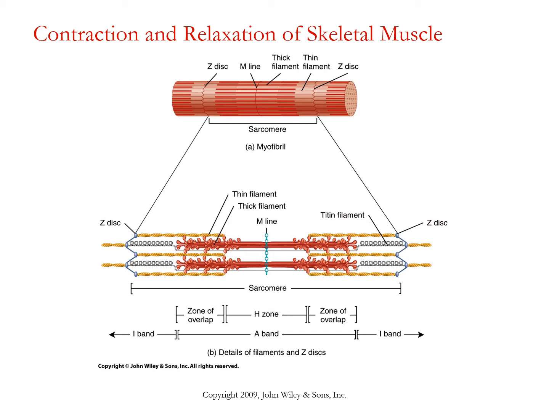This arrangement of overlap between thick and thin filaments is also responsible for the generation of force and the shortening of muscles as they contract in a mechanism now designated the sliding filament mechanism.